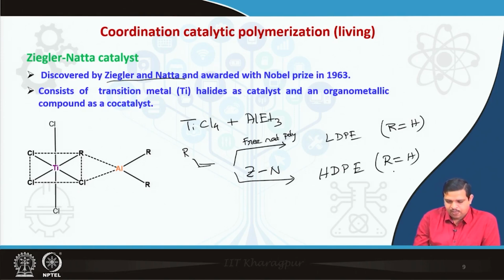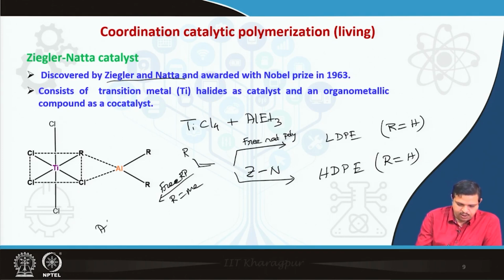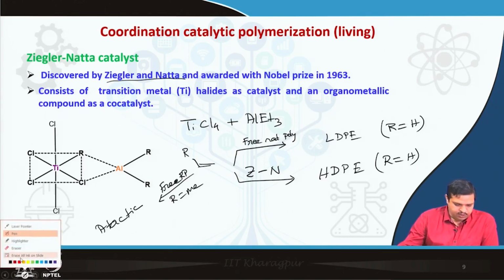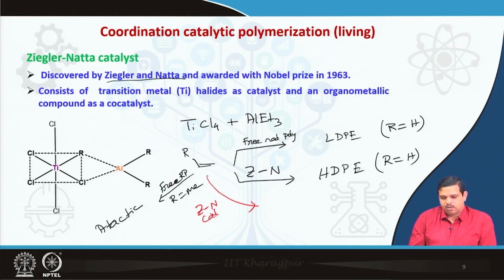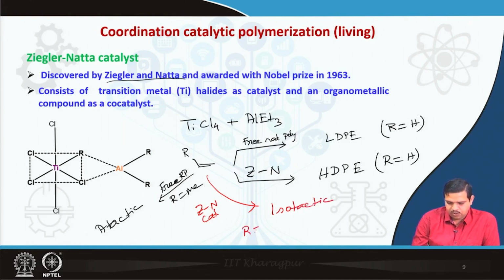Not only that, when you do the free radical polymerization, when R is equal to methyl, you will get atactic polymer, and very surprisingly, if you do the polymerization with Ziegler-Natta catalyst, you will get the isotactic polymer when R is equal to methyl.